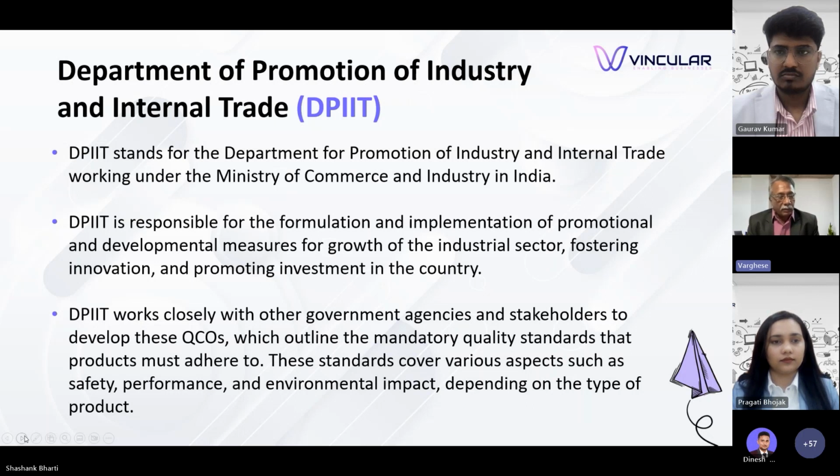Even BIS is very closely interacting with the department. DPIIT is also closely associated with various other standards developing organizations, and organizes various programs to interact and get feedback on the quality control orders issued or the standards being developed and implemented. So this DPIIT is an important department in India. Next.